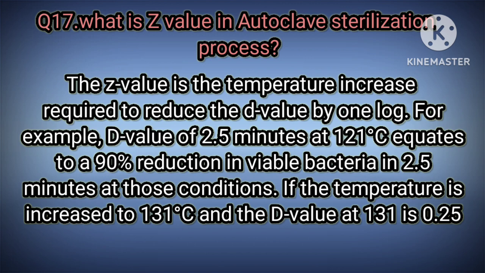What is Z value in autoclave sterilization process? The Z value is the temperature increase required to reduce the d value by 1 log. For example, d value is 2.5 minutes at 121 degrees, which equates to a 90% reduction in viable bacteria in 2.5 minutes at those conditions. If the temperature is increased to 131 degrees centigrade, the d value at 131 is 0.25.